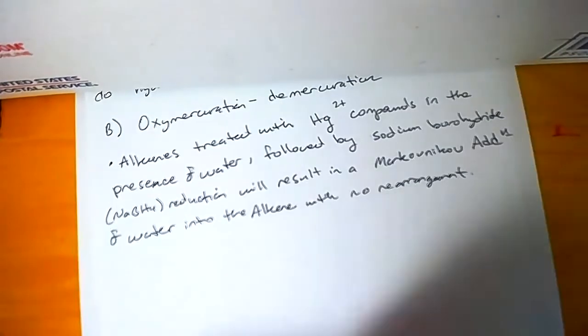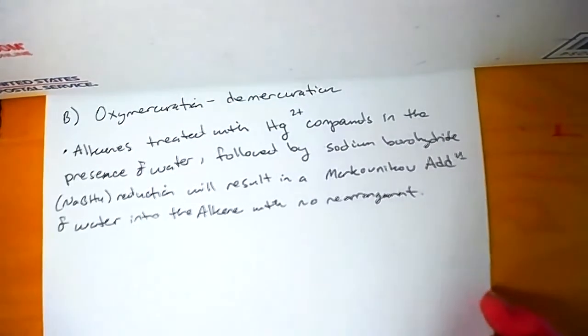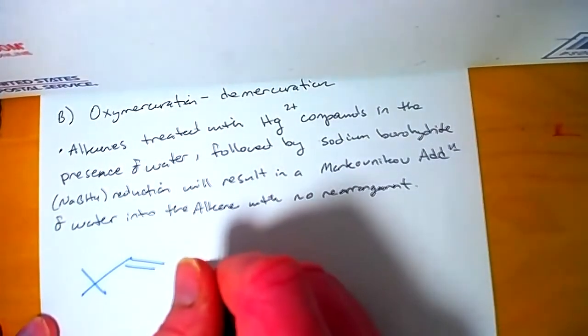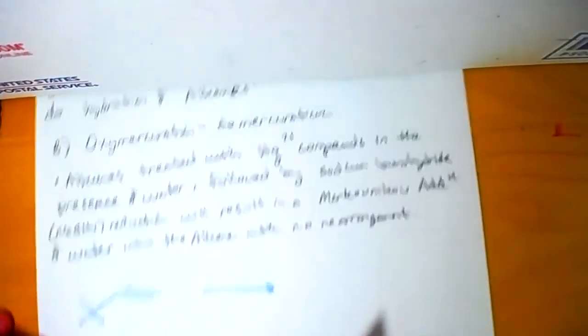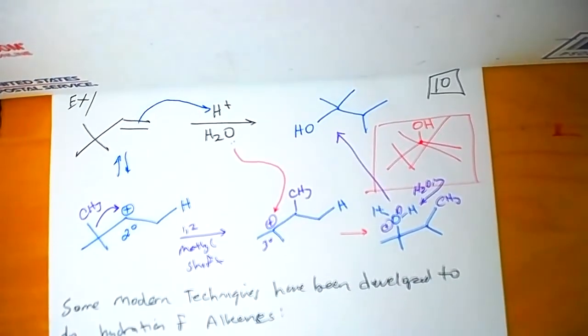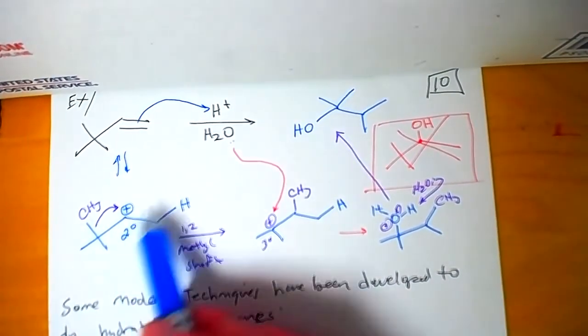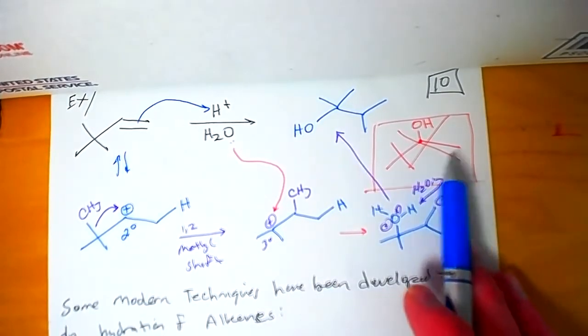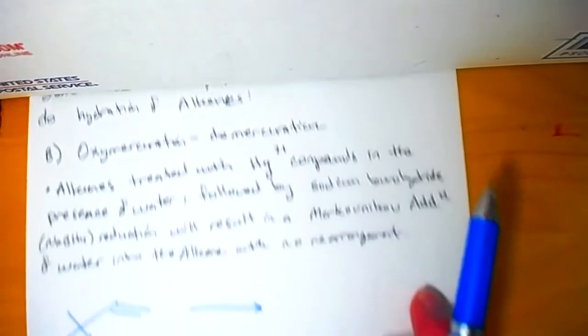So if you look at the compound that we were considering last time, this alkene, we noticed that if you just did your typical hydration, you end up with a methyl shift occurring and a rearranged product, not getting the desired alcohol.